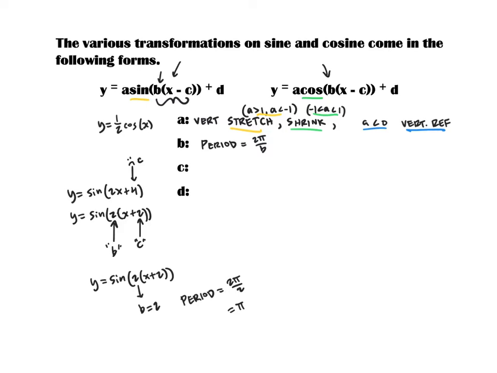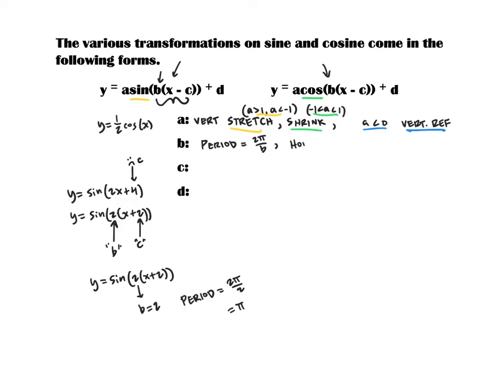Now, just like with other parent functions and their transformations, that number on the inside is deceptive. You think a 2, you think a stretch, but on the inside, it's always the opposite. So this would be a horizontal shrink. So let's talk about that.